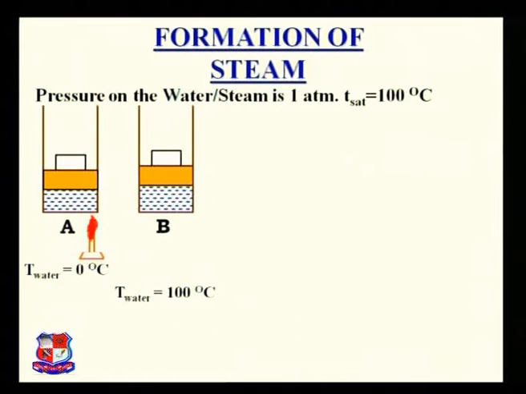So at state B, we get the water at 100 degree centigrade, and this is known as the saturated liquid, as it has obtained the saturation temperature.